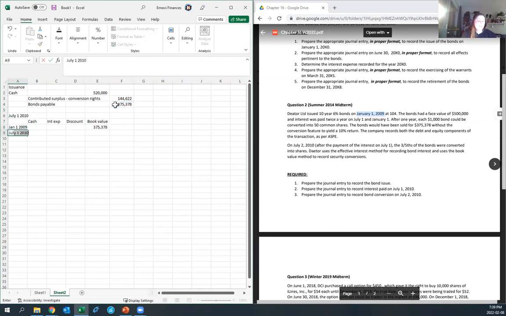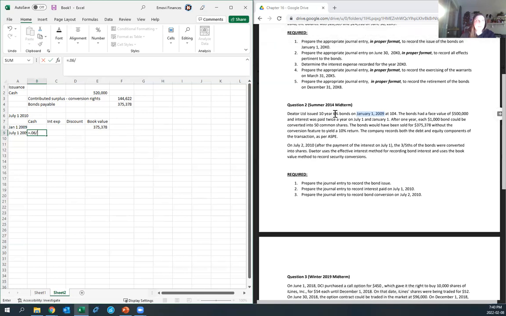On July 1st, 2009, your cash amount is your coupon rate of 6%, divided by 2 payment periods, times your maturity value of 500,000. Your interest expense is the 10%, I think.